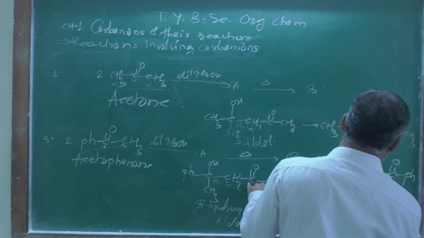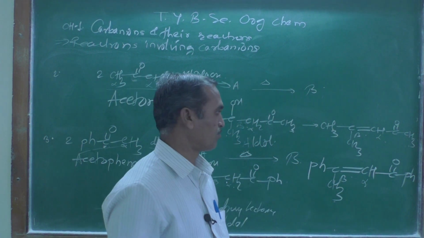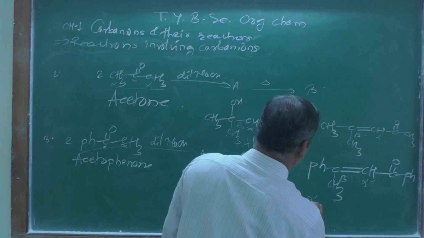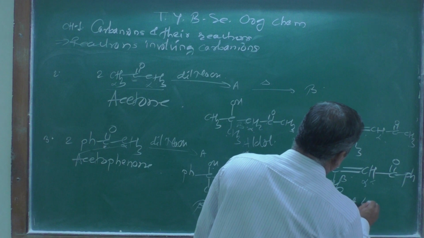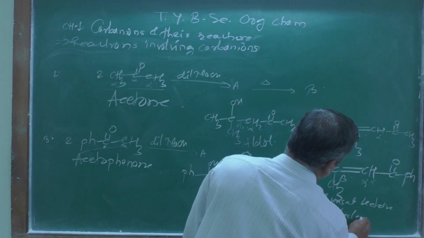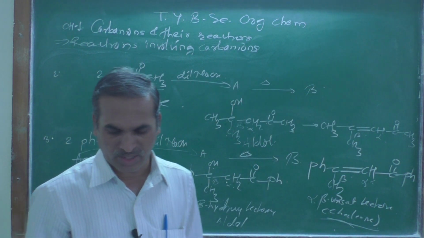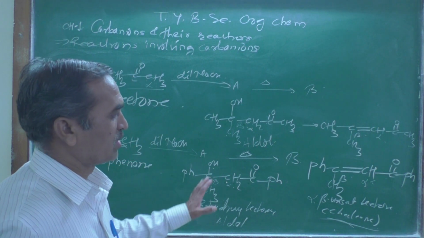This is an alpha beta unsaturated compound, an alpha beta unsaturated ketone, which is known as a chalcone. Remember, chalcone is a very stable compound formed over there, and that's why it is a simple aldol condensation reaction.